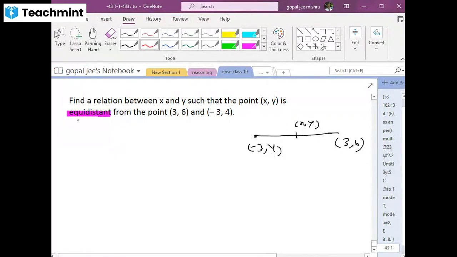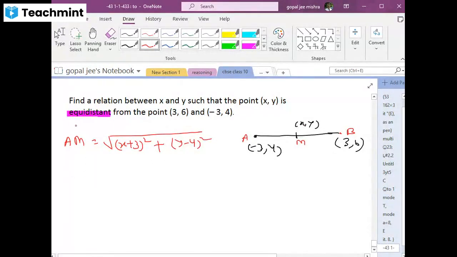What will we do? Very simple. Let this point be A, this point be M, and this point be B, so that we can assign the points. Here we will determine the distance AM. The distance AM is equal to the root of (x minus minus 3), that is (x plus 3) whole square, plus (y minus 4) whole square, by using the distance formula.